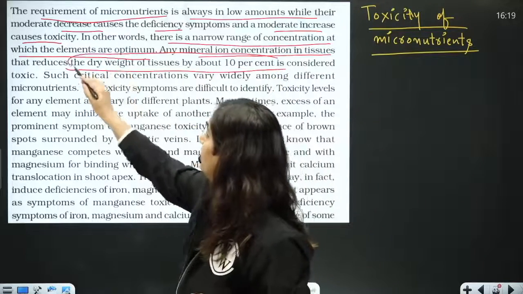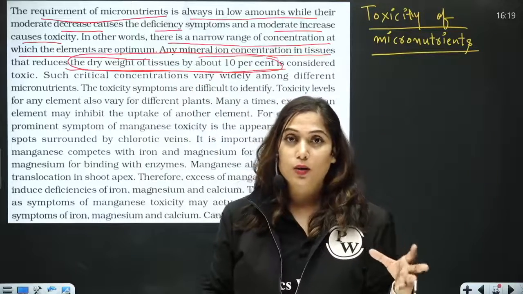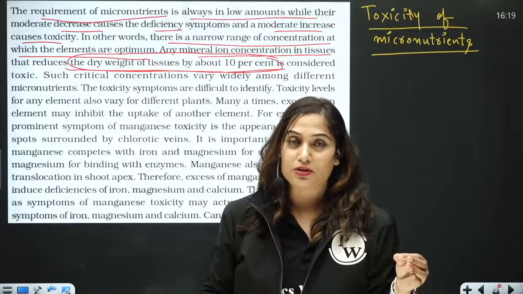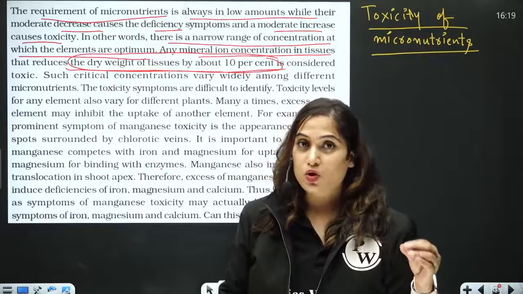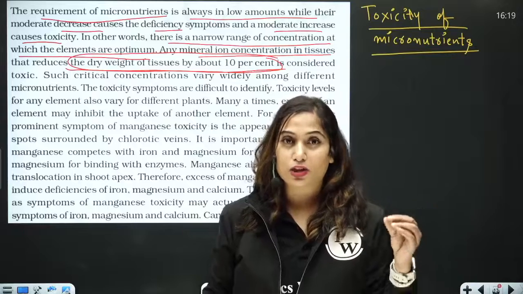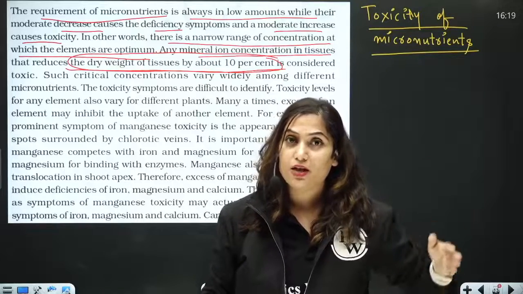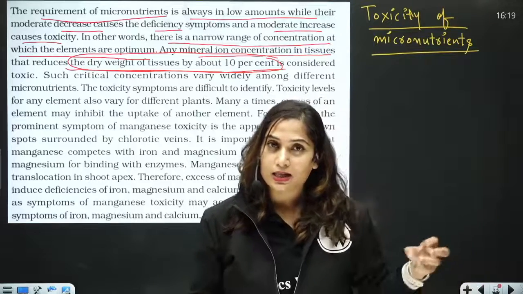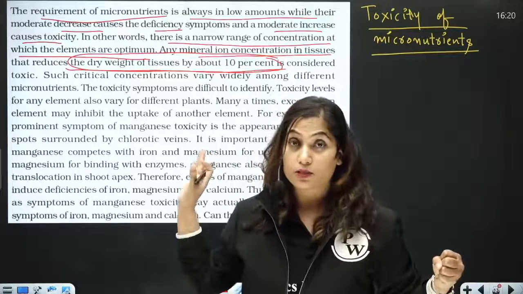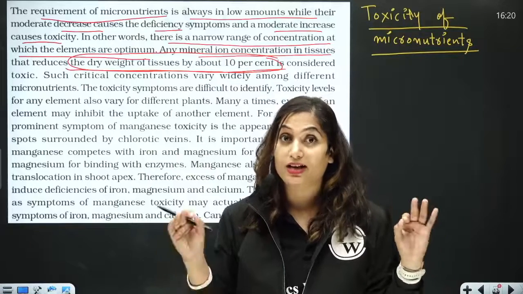This line is very important. How will you get to know that a particular element is causing toxicity in the plant? One of the very important things to measure it is if the dry weight of the plant is getting decreased. Direct question comes, not the fresh weight, I'm repeating here, not the fresh weight, dry weight.